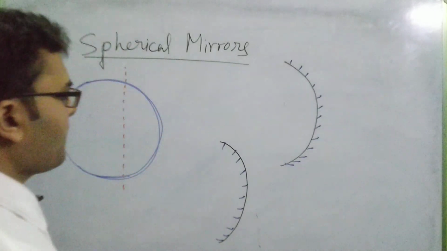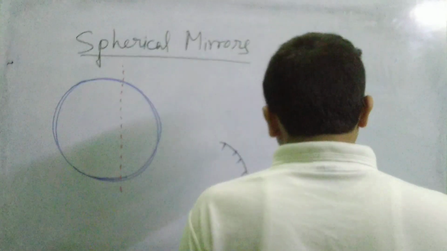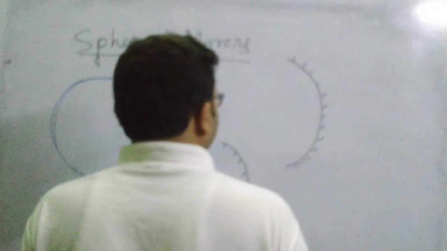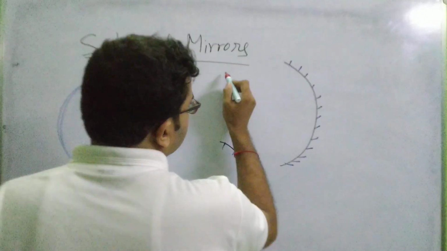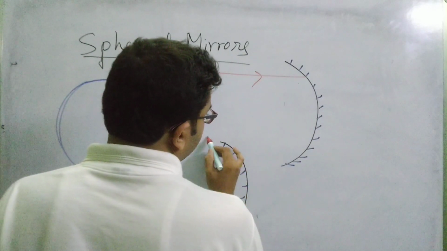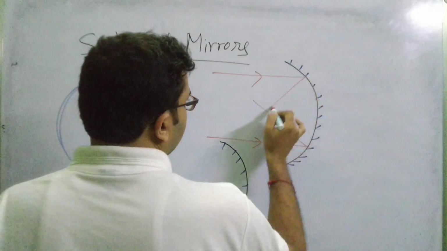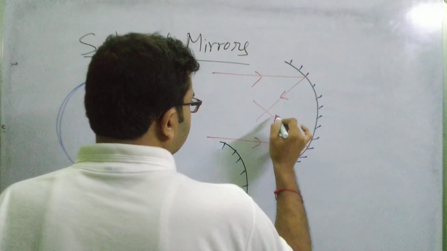Fine. Now see this, the first one that I have drawn on the upper side, this kind of mirror, if you consider light falling on this kind of mirror, okay, say from any infinite source, from a far away source, light is coming and falling like this, what happens? Light generally gets curved inward and tends to meet at a point, isn't it?